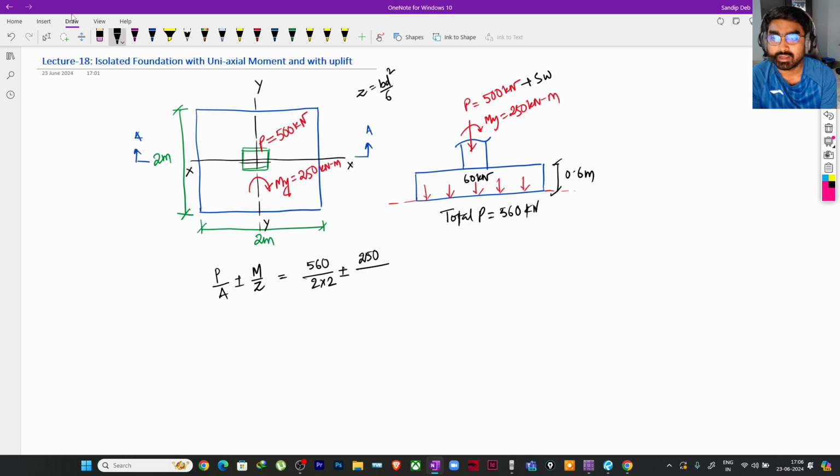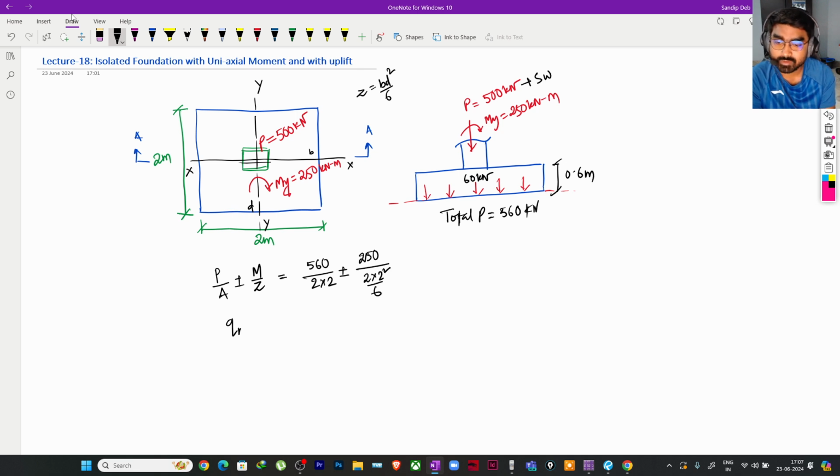Here, as the moment is about y-axis, this dimension along x is basically resisting that moment, right? So this will be my D, and here this dimension will be my B. As it is a similar dimension, it is not an issue, but when you have a rectangular footing, you need to carefully consider this. So it will be 2 multiplied by 2 square by 6, correct?